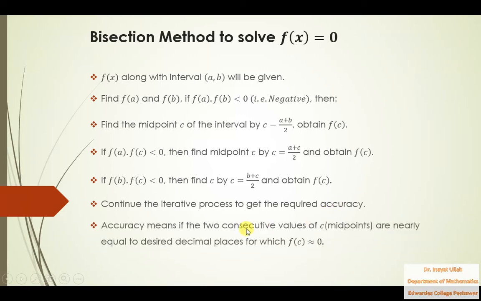It means that we stop when two consecutive values of c are nearly equal to the desired decimal places, for which f of c is nearly equal to 0. So these are the steps to be followed in the bisection method.